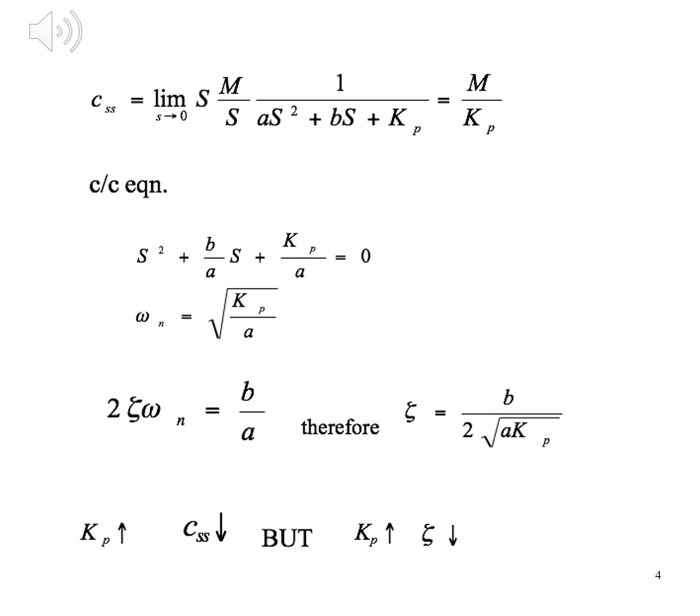In this case, increasing Kp will make the C steady state due to the disturbance better, but for the transient response, the maximum overshoot will be much higher, which is a drawback. This is what we mean by contradicting conditions.